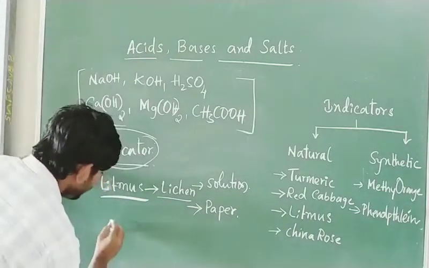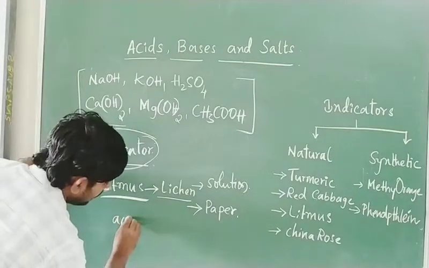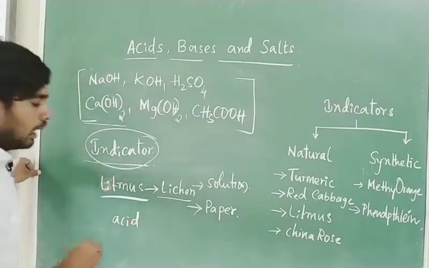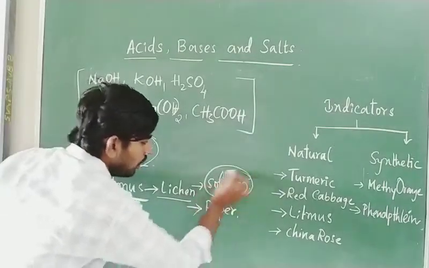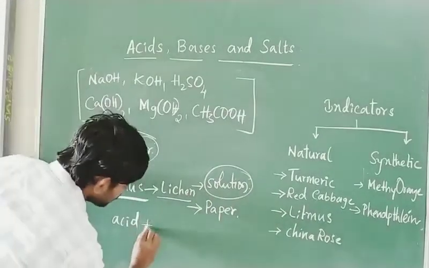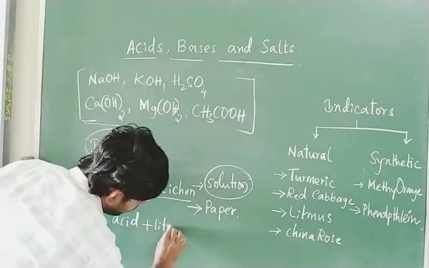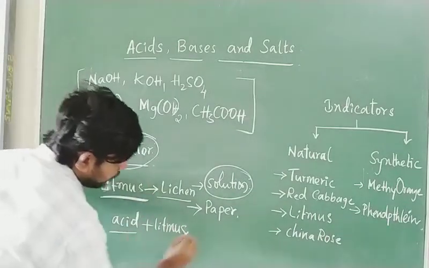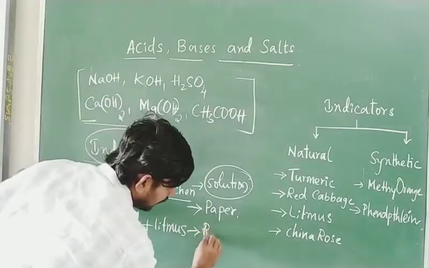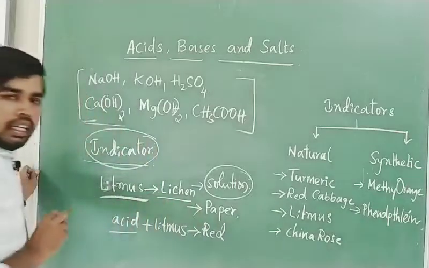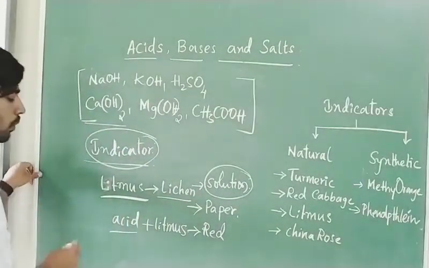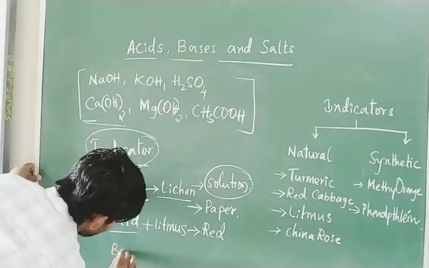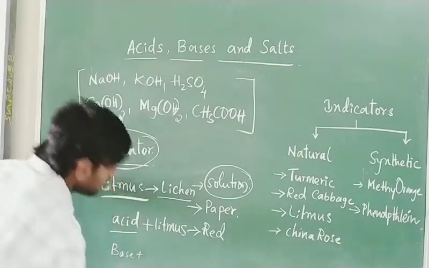If you add this litmus solution to an acid, the color of the acid will turn into red color. Which color? Red color. Suppose we have a base and we don't know whether it is a base or acid.